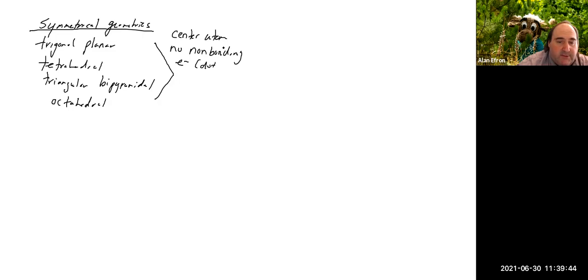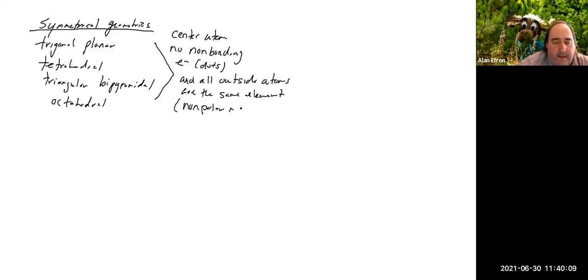So when you look at the central atom and you draw it, no non-bonding electrons, no dots. And if you have that situation and all of the outside atoms are the same element, it is going to be pretty much almost 100% of the time a nonpolar molecule.